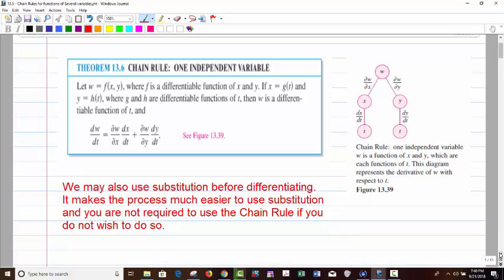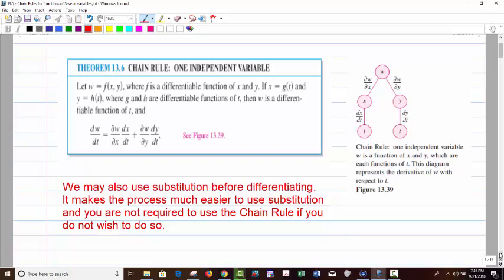Now, the way I'm going to actually handle these problems is without using that chain rule. You can substitute before you differentiate, which I find to be easier, and you're not required to use that chain rule.